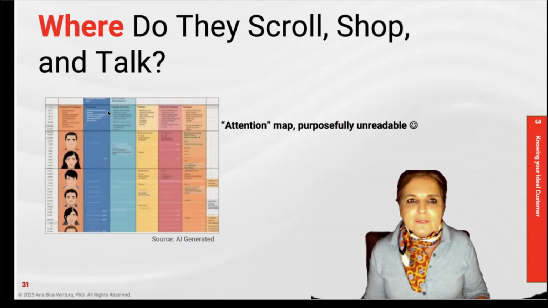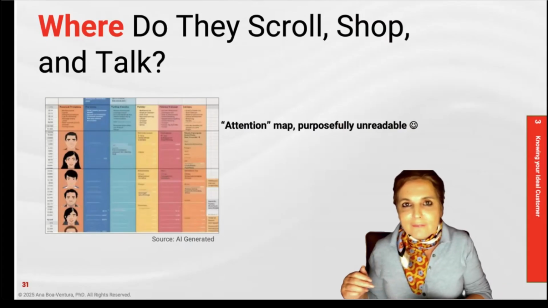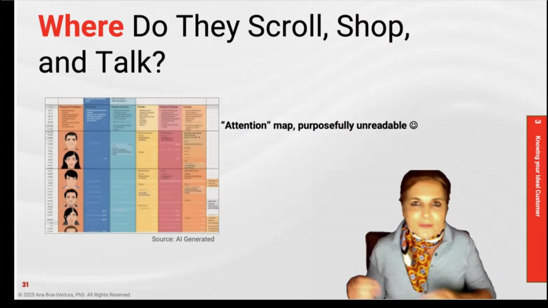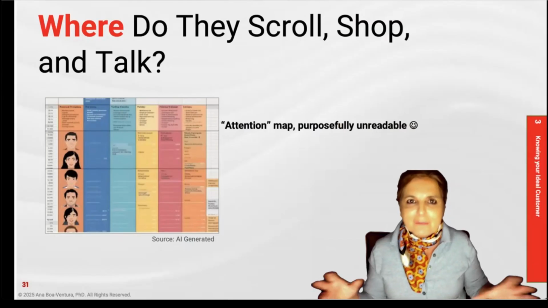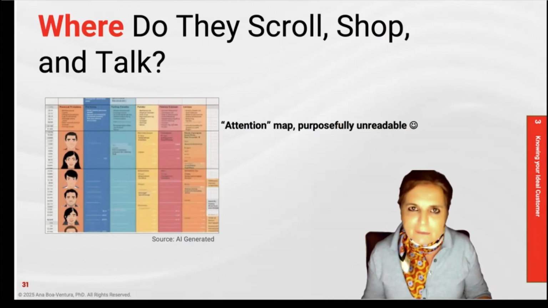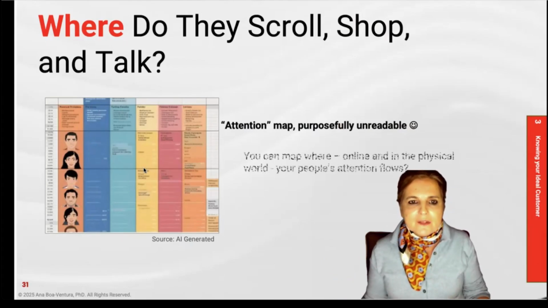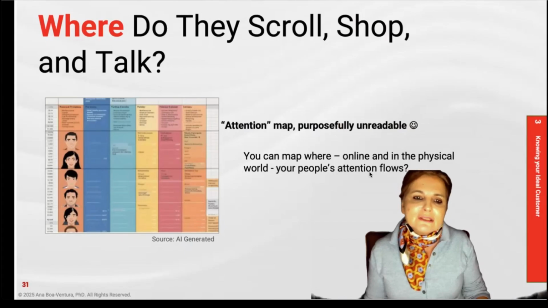You can have channels like radio, but also Facebook, newspapers, local coffee shops. All these are possible channels for marketing. And then you describe when each of these avatars is on that channel and what the pain points are, etc. Where do they scroll, shop, and talk? So you can map where, online and in the physical world, your people's attention flows, right? That's called an attention map.